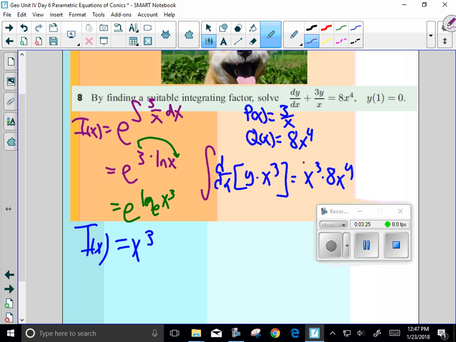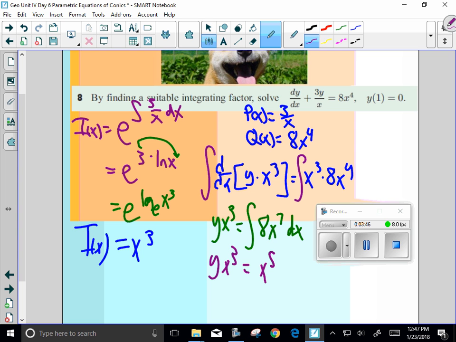So now I'm going to take the antiderivative of this. What's the antiderivative of the derivative of y x cubed? Y x cubed. What's the antiderivative of 8x to the 7th? 8x to the 8th over 8, which will be x to the 8th.